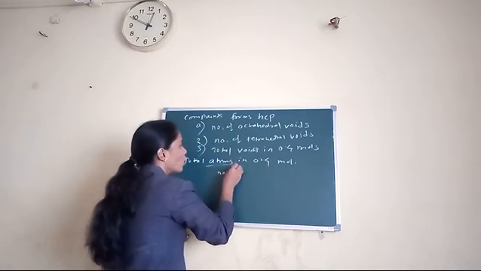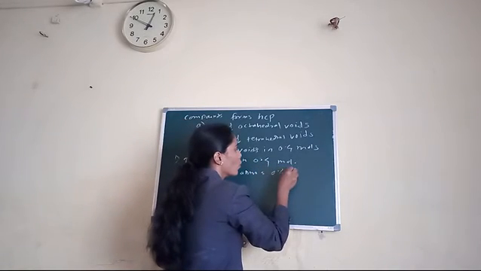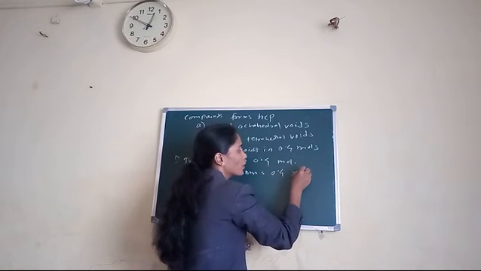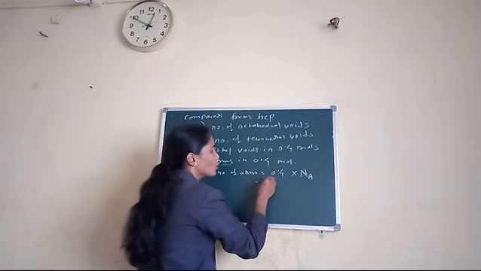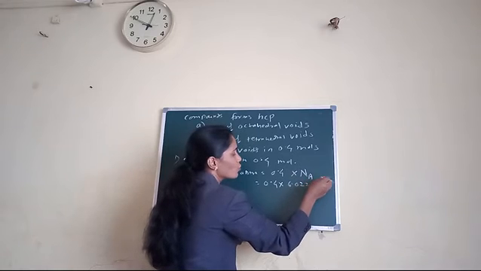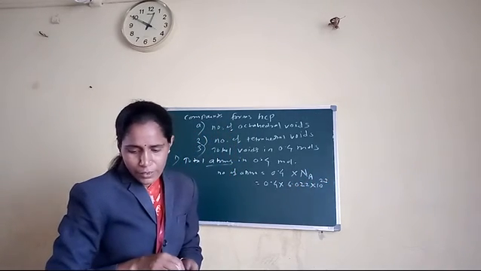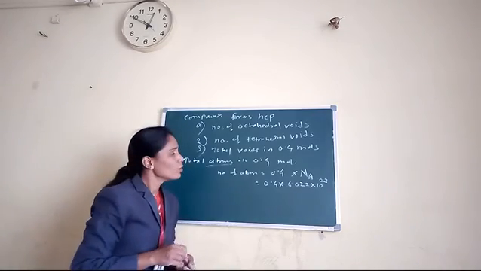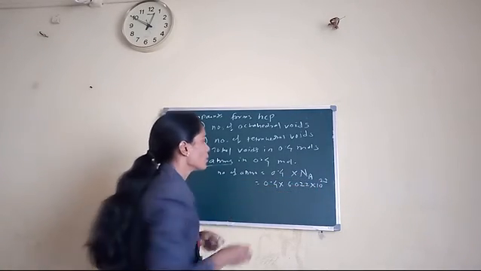The number of atoms is equal to the number of moles into Avogadro's number, Na. Therefore, 0.4 into 6.022 into 10 raised to 23, where 6.022 into 10 raised to 23 is the Avogadro's number.